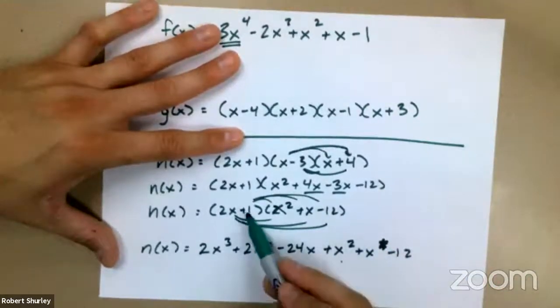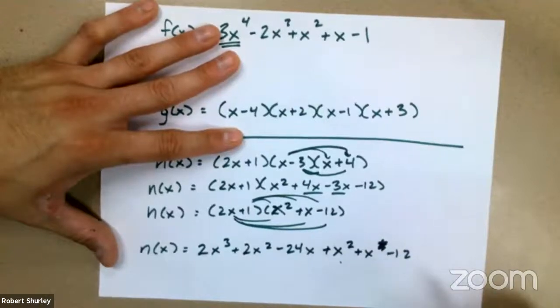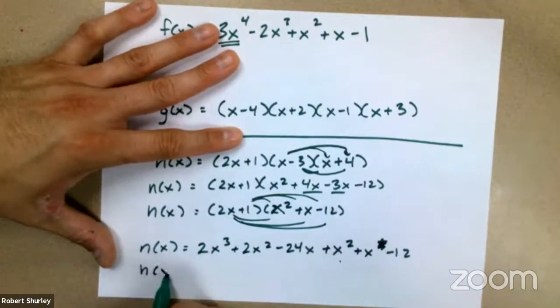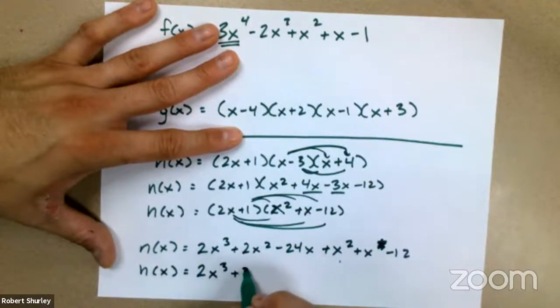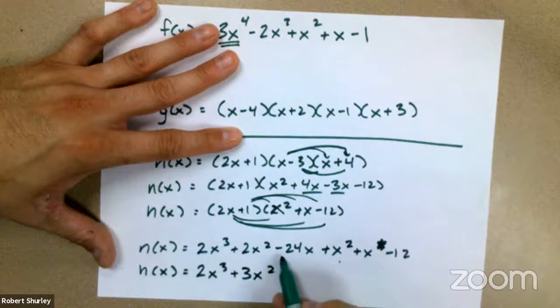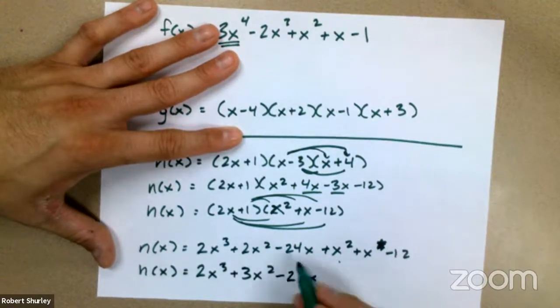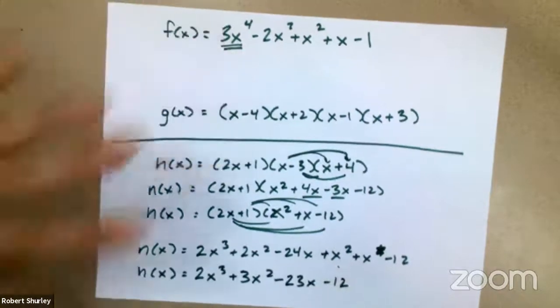That's just an x. And then 1 times negative 12 is negative 12. Now I got to combine like terms. So 2x cubed. Now, I have a 2x squared and an x squared, so that's plus 3x squared. A negative 24x and an x, so that's minus 23x. And then lastly, a minus 12.